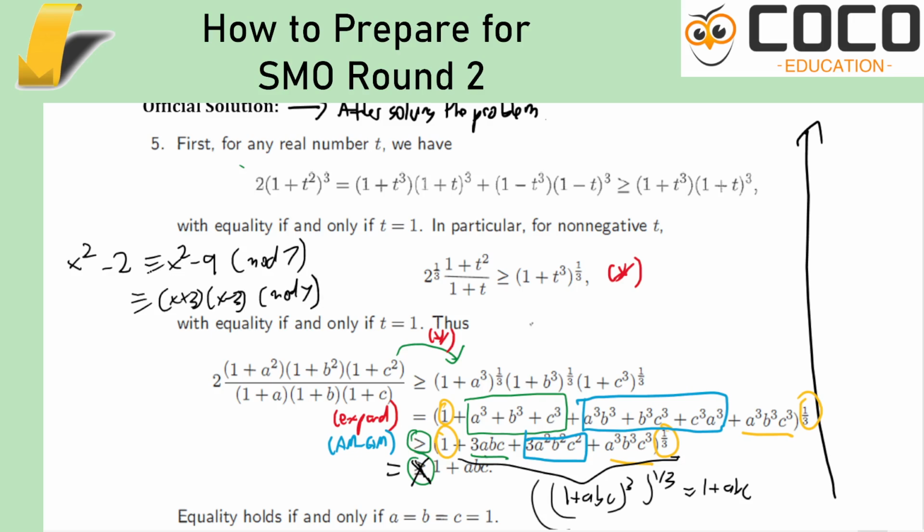Now the first congruent is congruent mod 7, but the second congruent is actually just equal to, right? X squared minus 9 is equal to x plus 3 times x minus 3. Now when you're writing down your solution, if you just wrote it as congruent mod 7, you're not wrong. But if you're trying to understand what's going on, you want to realize that, oh, that's not modular arithmetic, that's a factorization. So the same thing applies here.